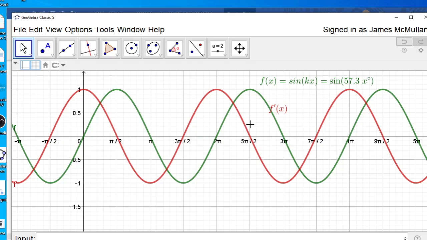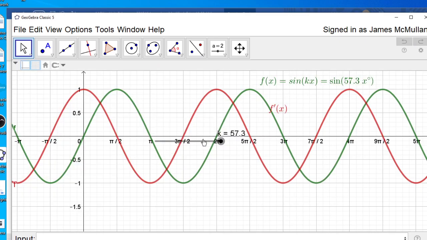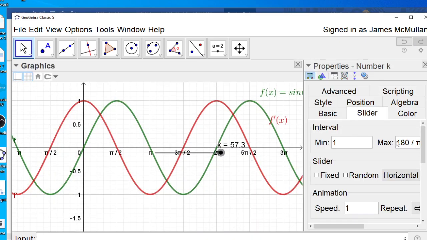If it's measured in radians, it's perfect. If it's not measured in radians, if it's measured in any other number, like 57.3, which is how many degrees you'd have to compress it down to get from 180 to 2 pi.